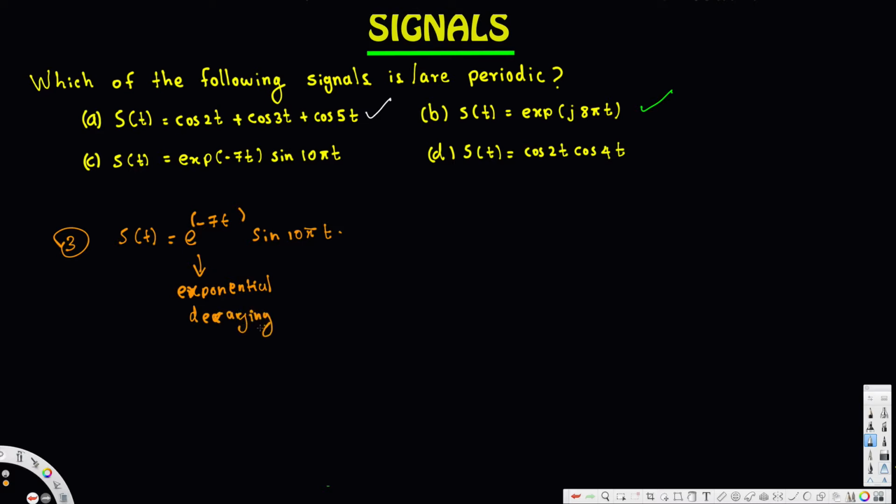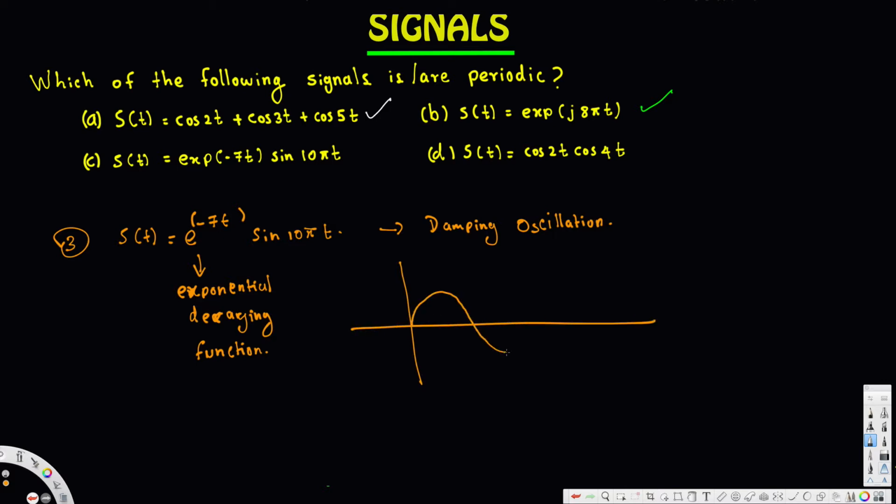Whenever we have an exponential decaying function multiplied with a sine function, that becomes a damped oscillation. If we look at this through a graph, we are going to have a wave where the amplitude decreases each time. So this is not periodic because it's not equal everywhere.